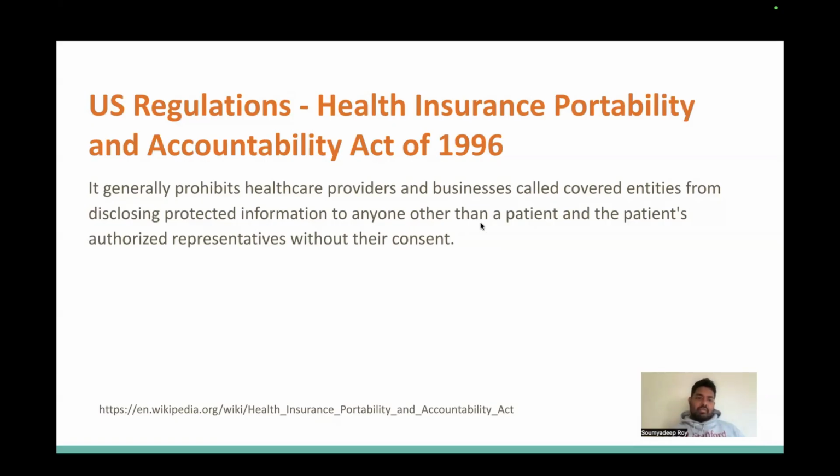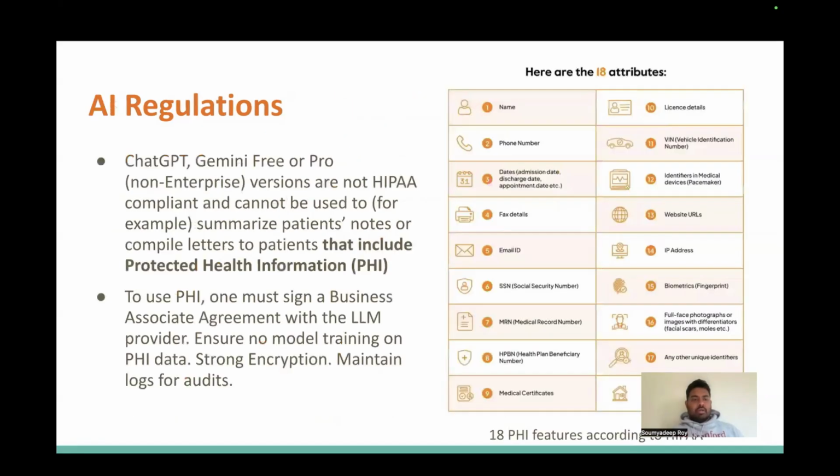The most prominent one in the US is the HIPAA Act, the Health Insurance Portability and Accountability Act. Its main aim is to protect patients' privacy and take informed consent of patients when you use their data. Specifically, when we talk about protected health information, there are 18 attributes covered by it. If you use PHI data, you go through stricter regulations.